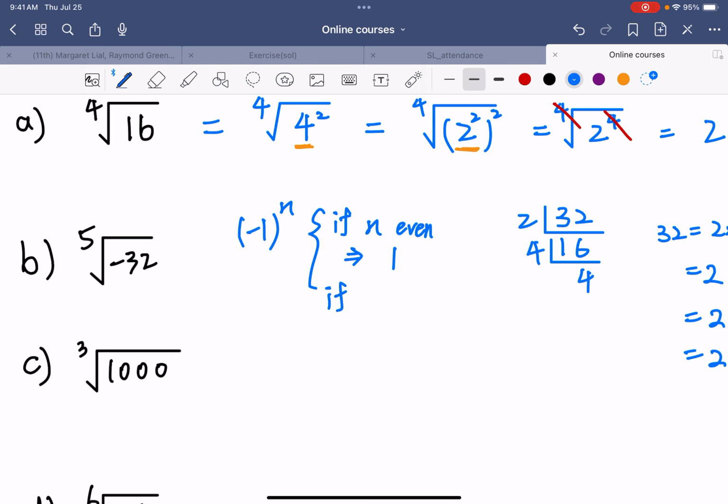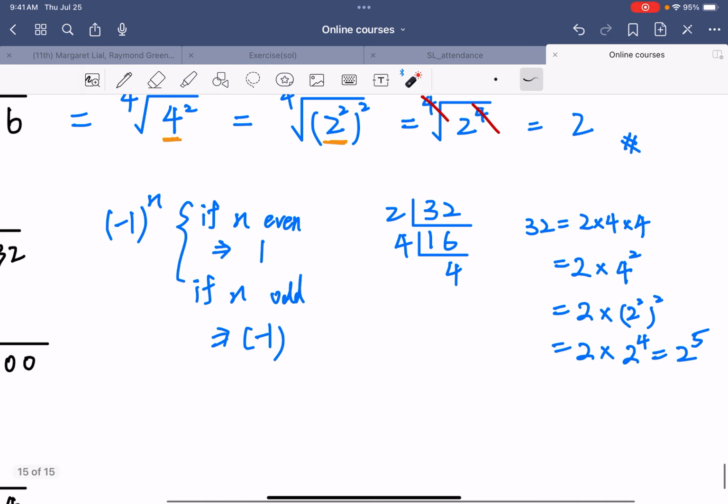But if n is odd, then we get -1. So here we find that the index of the radical is 5. So we'll get a negative number in our answer. The value of the number is 2, and then we also add the negative on it. So when you do the multiplication here, let me erase this first.